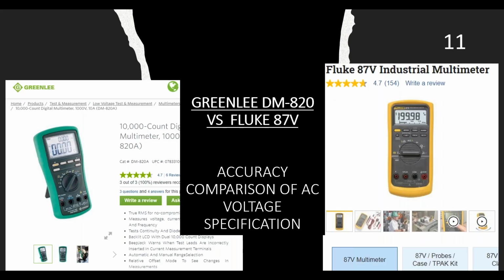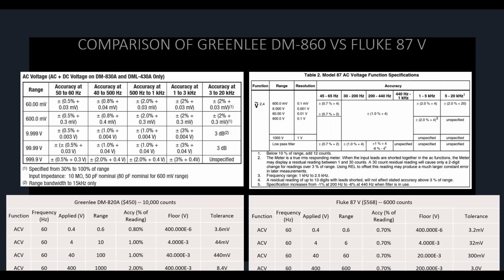So these are two different multimeters. They have very, very similar functions. They have very, very similar resolution, and they have completely different costs. So we got a $180 meter versus an $890 meter. And if you look at all the specifications from the manual, you'll see that you have accuracies that are really close to each other.